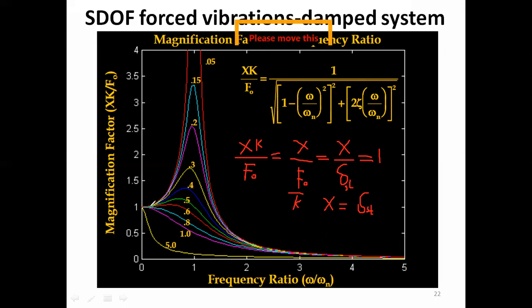They all are converging. This we could see for all the underdamped values, and also for the critically damped system, and also for the overdamped system.